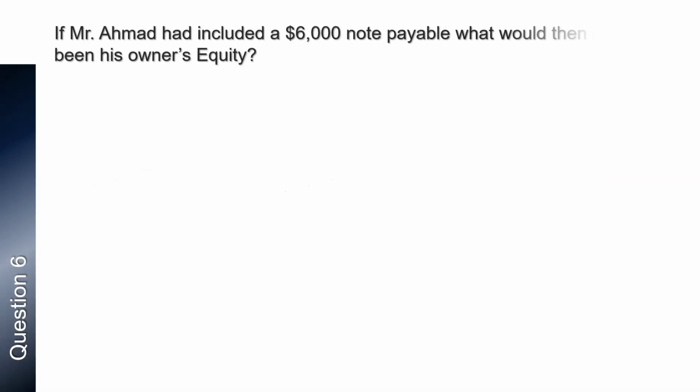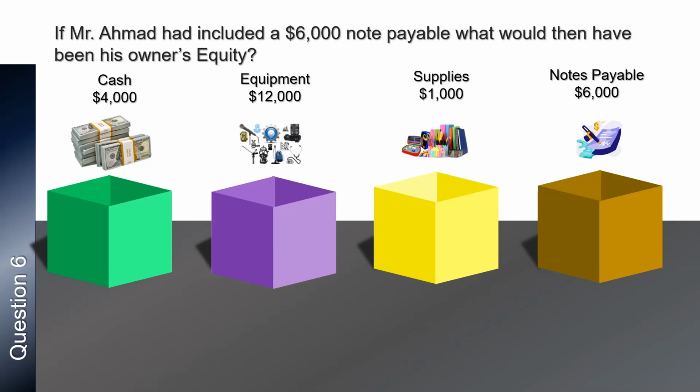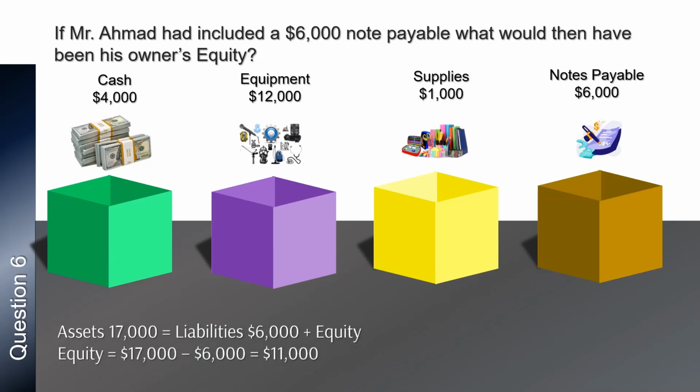Question 6. If Mr. Ahmed had included a $6,000 note payable, what would then have been his owner's equity? In this scenario, we would subtract this liability from the total assets, resulting in $11,000 for the owner's equity.